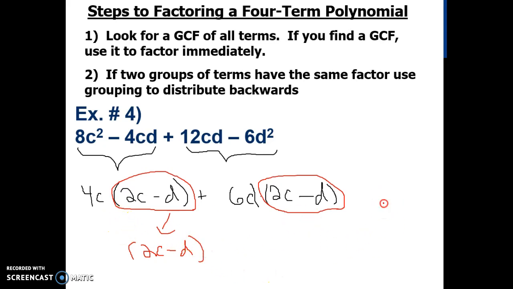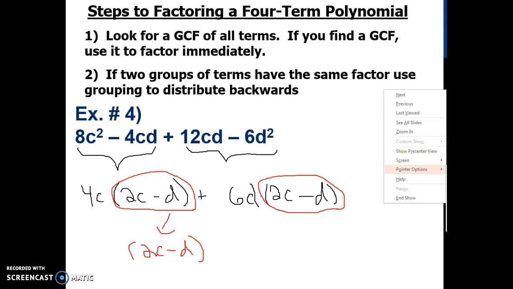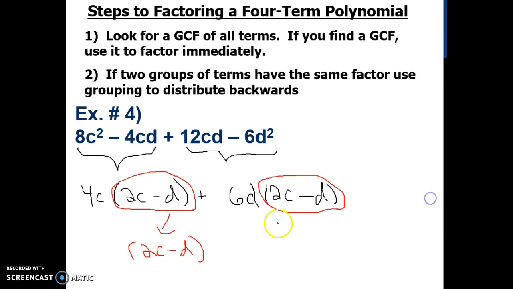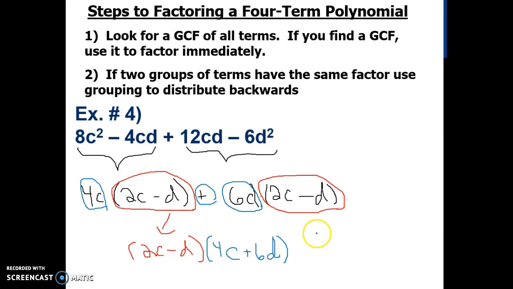And then I'm going to take whatever else I have. So in this case, I have this 6d and I have this 4c, and they are being added together. I'm going to write that next to it. 4c plus 6d. And that is going to be my answer fully factored.